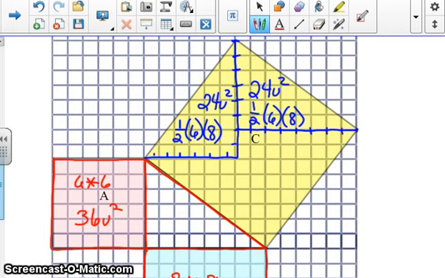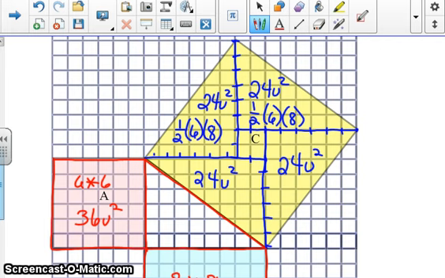If I come down to the bottom vertex and draw a triangle over, I get a triangle with base of 8 and height of 6, and that area would be 24 units squared. And I can draw one more triangle here, and that also has a base of 6 and a height of 8. So its area is 24 units squared.